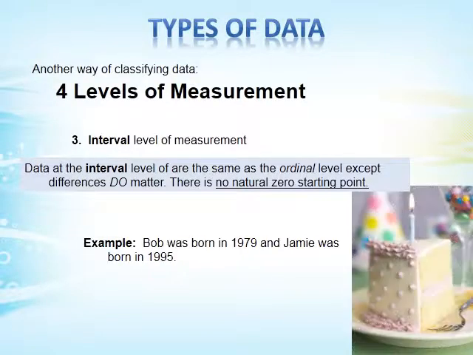So for example, if Bob was born in 1979 and Jamie was born in 1995, if we take their difference, we can find out how much older Bob is than Jamie, but the year zero is not the natural zero starting point. So we wouldn't find the ratio between these two years because the ratio would be meaningless. But the difference between these 2 years does give us interesting information, namely how much older Bob is than Jamie.